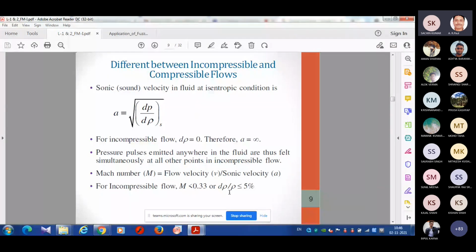In the case of incompressible flow, if any pressure pulse is created anywhere, because sound can be considered a pulse of pressure, it will be immediately felt at all other points in the fluid. But this is not true when the flow is compressible. Now consider a case.